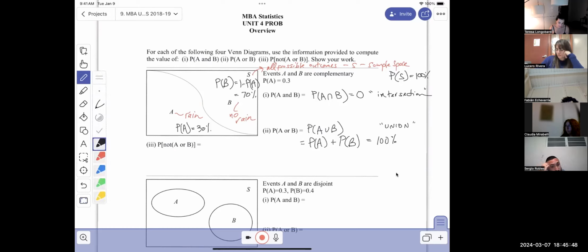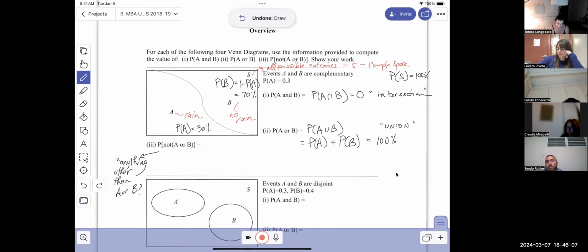This is asking, is there anything else that is not A and B? In this example, there is not. There's only A, B, and nothing else. It's 0.